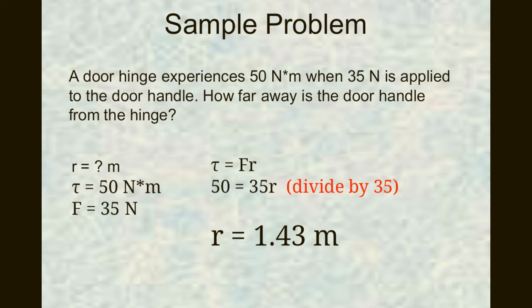So it's 50 is equal to 35 R. And since you're solving for R, you divide by 35 on both sides. On the right-hand side, it cancels out. And 50 divided by 35 gives you 1.43 meters. So that's how far the door handle is from the hinge, where you applied that force.